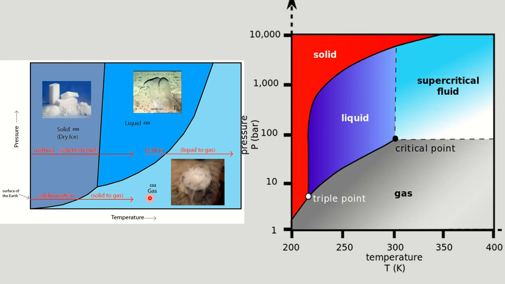It can be pressurized and can go into high temperatures and stay a gas. But at a certain high pressure and high temperature, we move over to this graph, and this is where we get the supercritical fluid form, where CO2 acts really nicely as a solvent to pull out certain compounds from plant material.